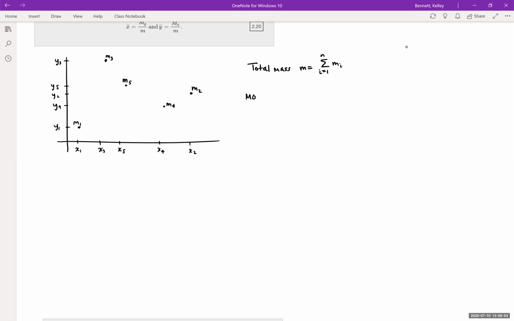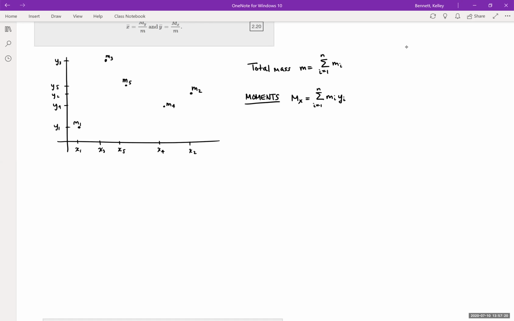Moments give you an idea of rotation. Maybe you can think of it as where to push from. For now, we'll just consider it by its definition. So m sub x, the moment about the x-axis, is the sum from i equals 1 to n of m sub i, y sub i.